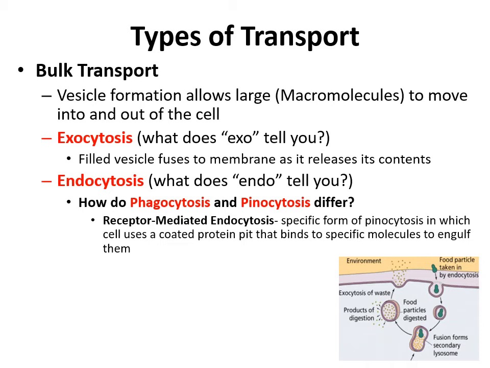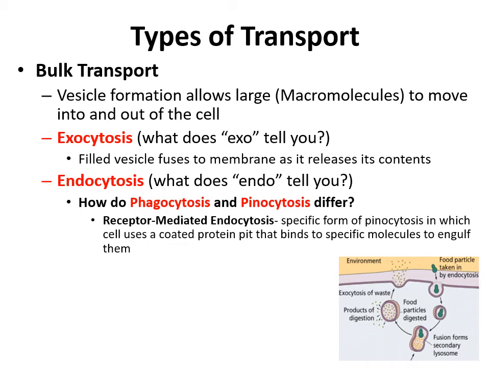And it can either be in the form of phagocytosis or pinocytosis. And phagocytosis is cell eating. Okay, in phagocytosis, the cell will engulf large amounts of solid material. So for instance, when you have bacteria invading your body, it's a pathogen, some of your immune cells will be phagocytes, meaning they will engulf that bad bacteria and break it down and digest it for you.